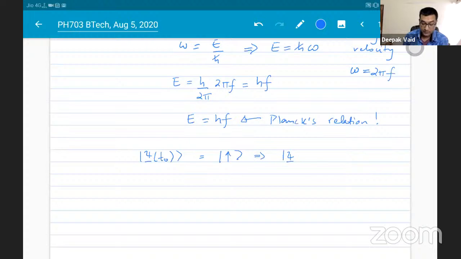What is the state at a later time t? The state at a later time is exp of minus i E delta t over h bar multiplied by the upstate, right? So the system stays in the upstate. There is no chance of the downstate. The probability for the downstate remains 0. The system stays in the upstate.